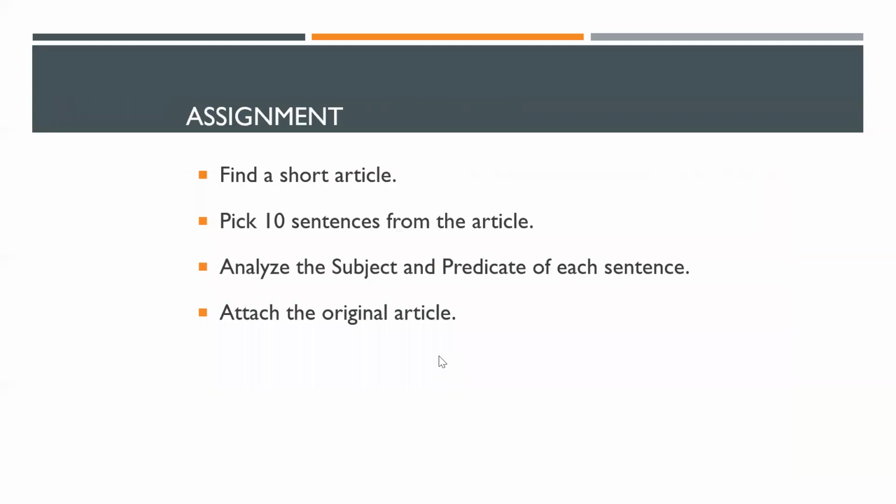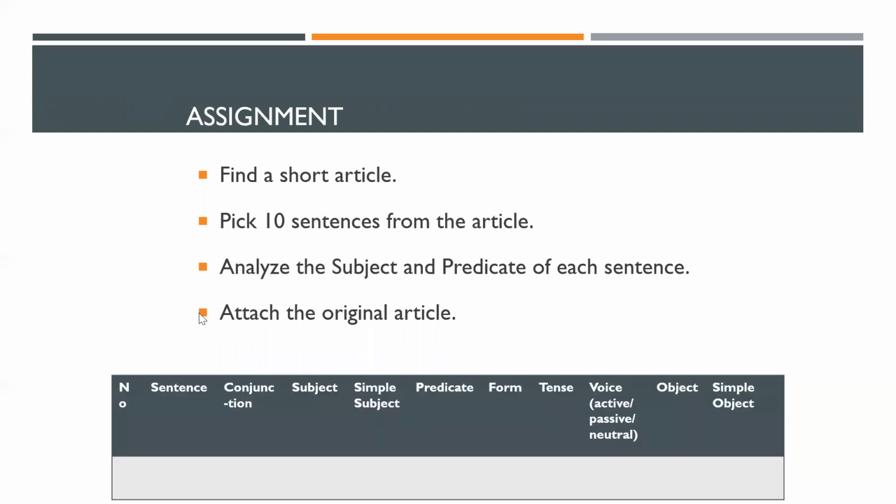Okay, so you will have a weekly assignment. Find a short article, pick 10 sentences from the article, and then analyze the subject and predicate of each sentence, and then attach the original article, to be submitted next week. After this, you will have a daily quiz that you can finish in Google Classroom.